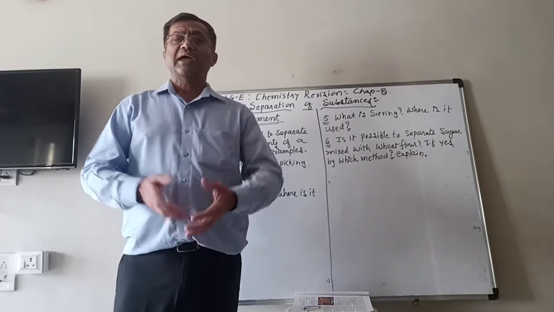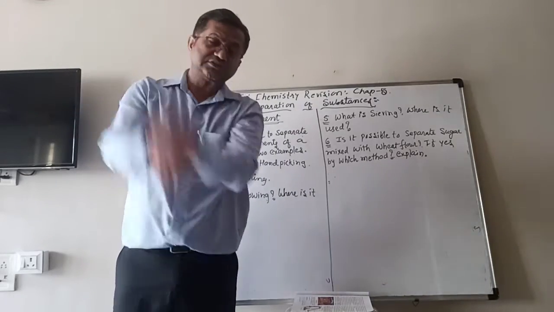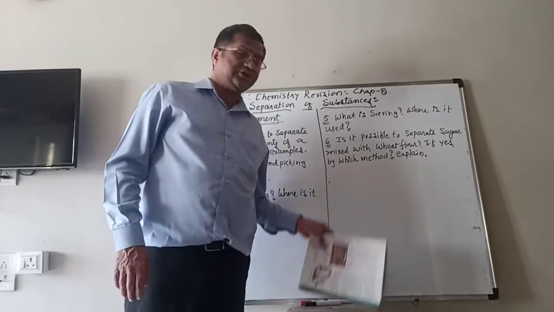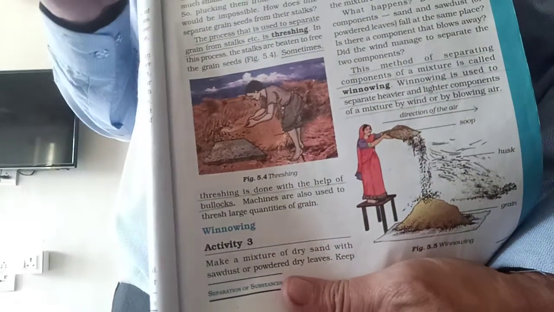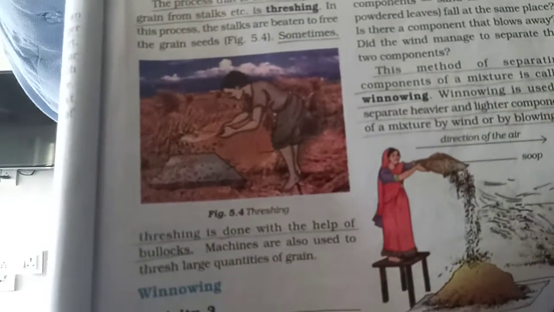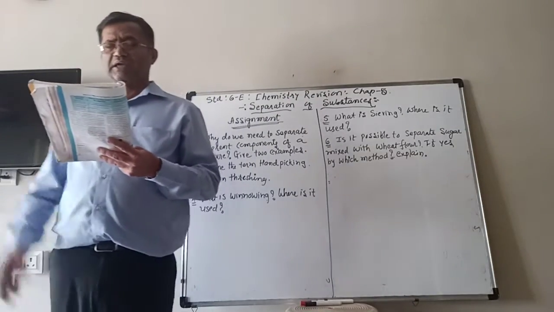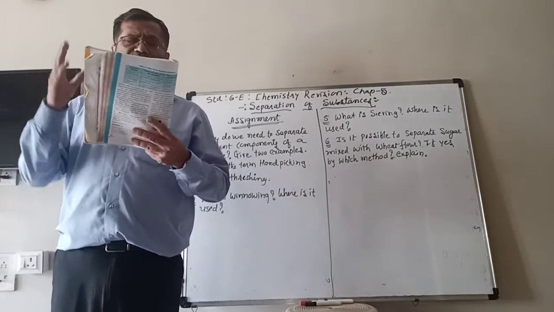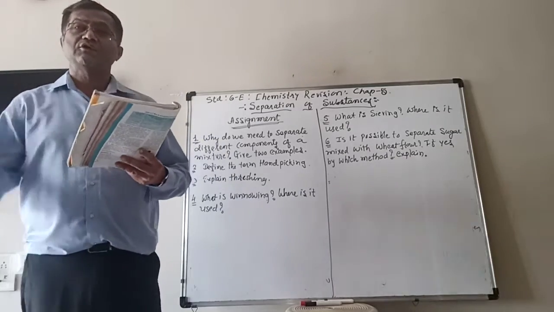Then they take that bundle of stalks and hit it on that hard material, as shown in the figure here. You can see that the farmer is beating it on the piece of stone or some wooden material. Then what will happen when we hit it with great force? The grain seeds get free from the stalks.